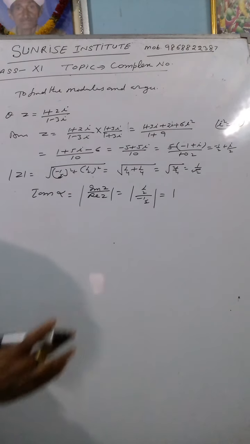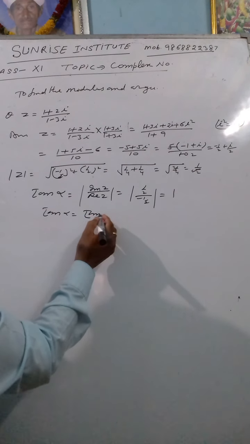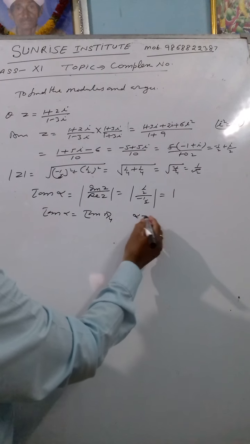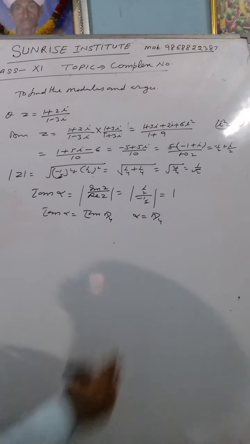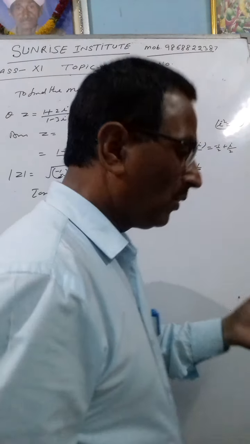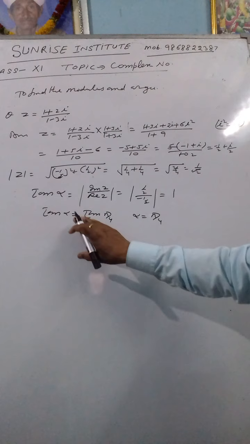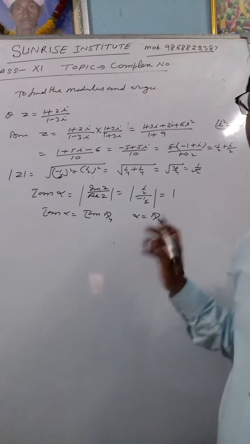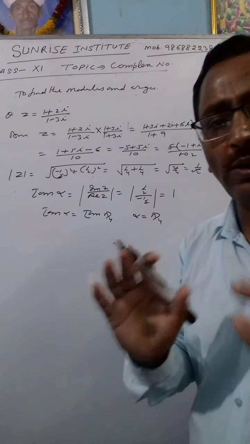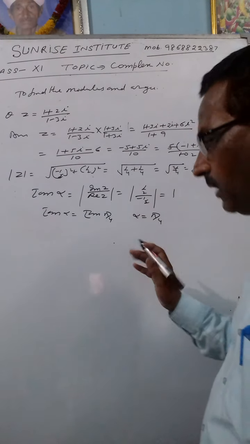Then tan alpha equal to tan pi by 4, then alpha equal to pi by 4. Therefore alpha equal to pi by 4.